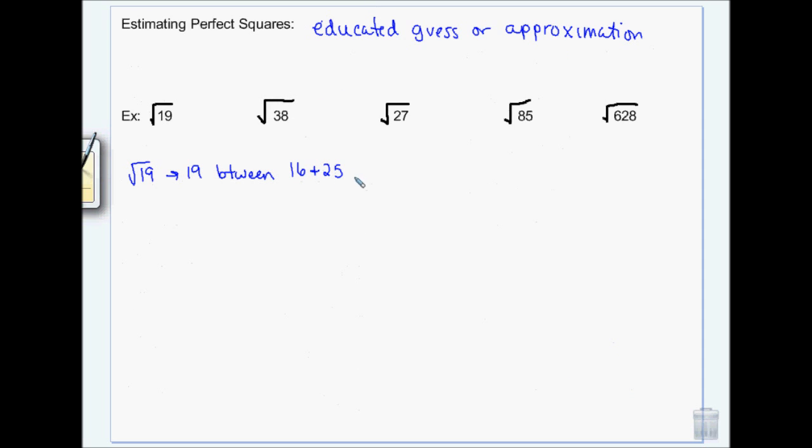Which is it closer to? It's closer to 16, so I'm going to say the square root of 19, and then I'm going to make this squiggly equal, and the squiggly equal means approximately.